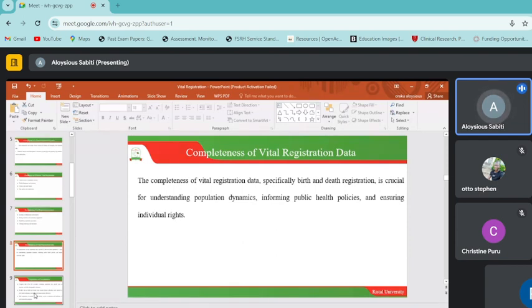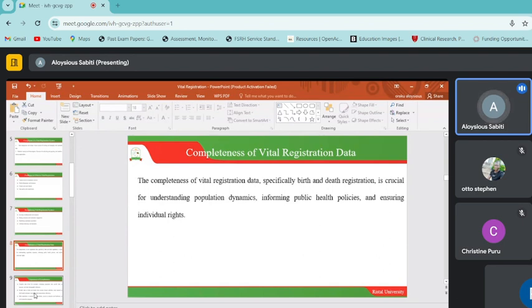So, the completeness in this regard, we mean that from your standard registration sheet, either a death registration card or a birth registration card, you should be able to complete all the credentials that are in that particular card.